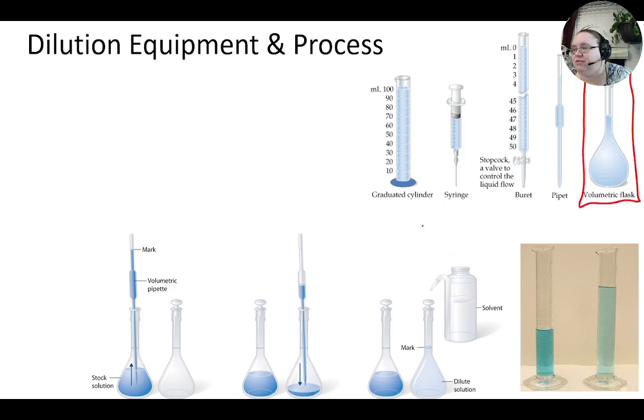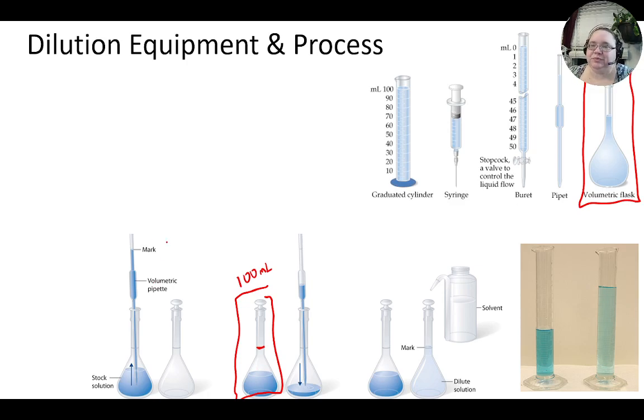A volumetric flask is a flask that has one line on its neck, and at that line you have a specific volume of liquid. Let's say my little volumetric flask is 100 milliliters. If I get something exactly up to that line, I have exactly 100 milliliters.